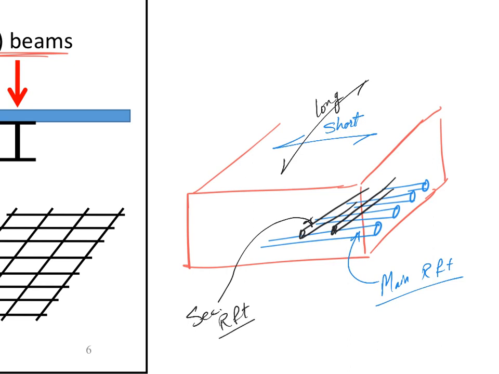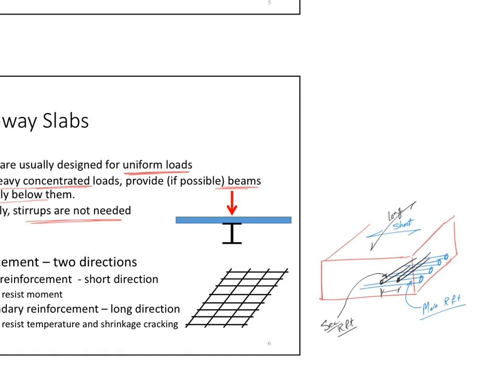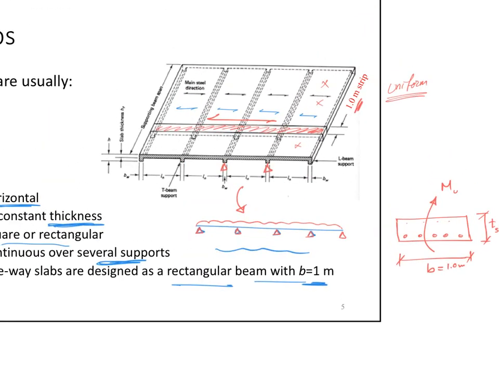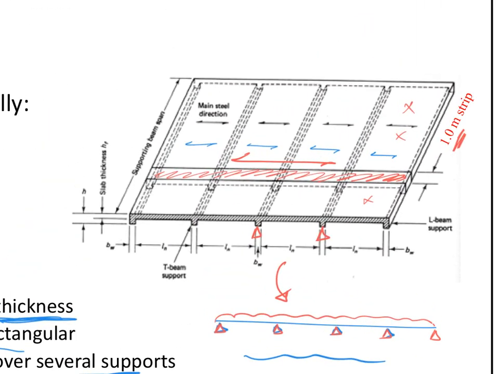Is there a difference between them? Yes. We have some differences that we will consider in terms of maximum distances, in terms of how to calculate them, and so forth. But to know where my main reinforcement is, I need to figure out where the short direction is first. So if I'm looking here, my main reinforcement will be the reinforcement going this way, let's use the blue again.